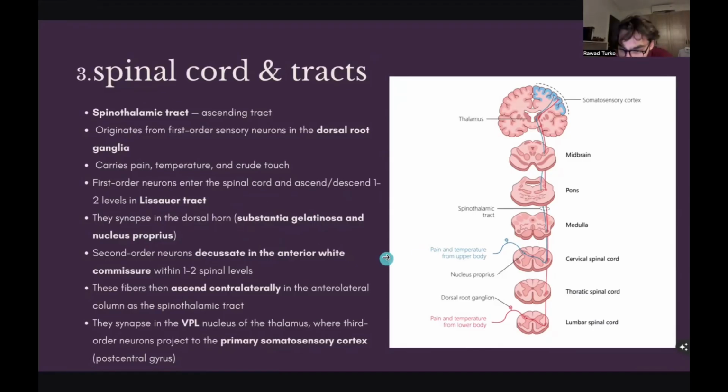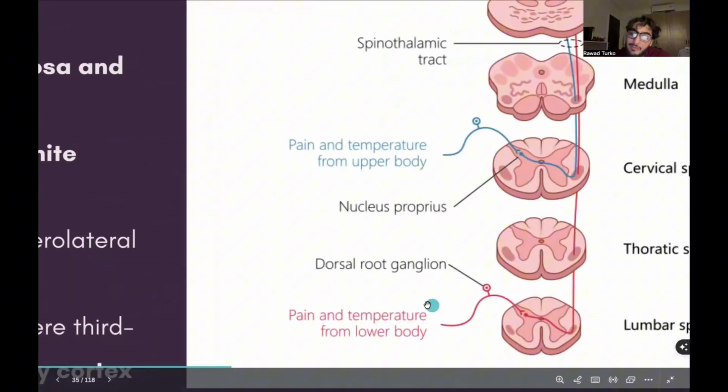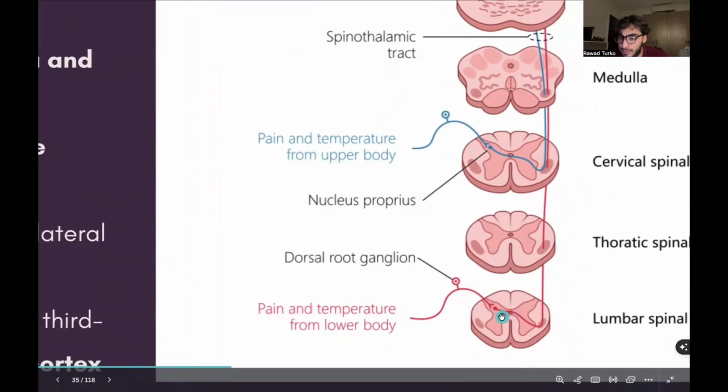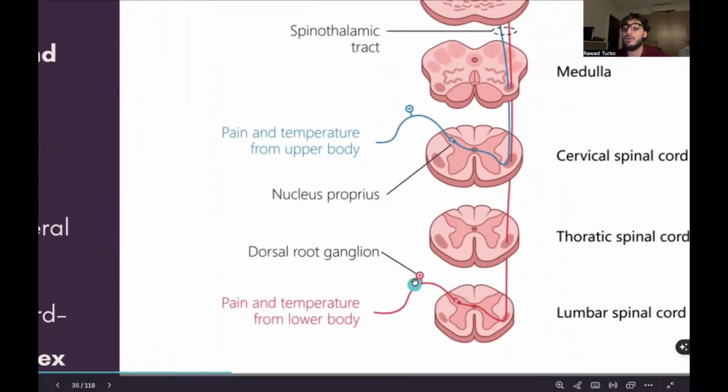Okay, so again, just to summarize, you have these stimuli coming in, which are pain and temperature. It's going to enter the spinal cord through the dorsal root ganglia. This is, I guess, a bit of a confusing diagram, but it's not going to cross over immediately. It's going to cross over just one or two levels above where it entered.